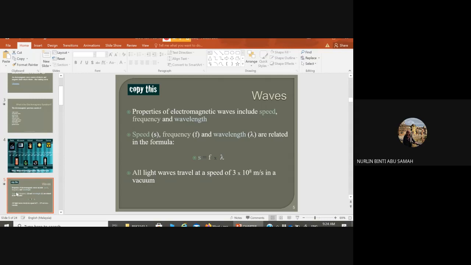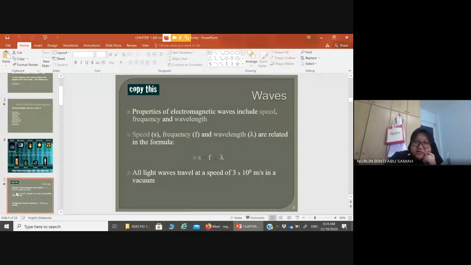So this is the fixed velocity of light, which we can get from the formula of speed equals to frequency times wavelength.